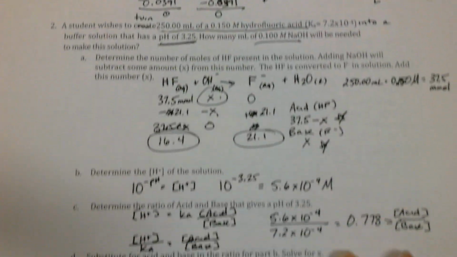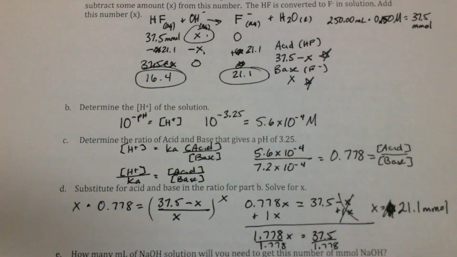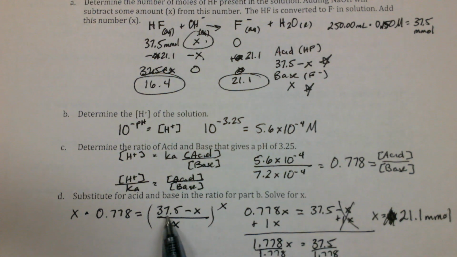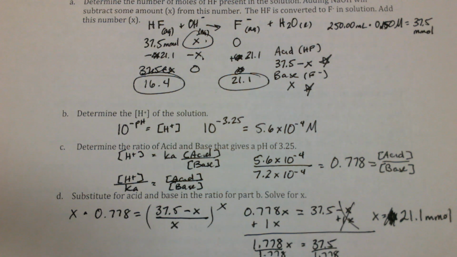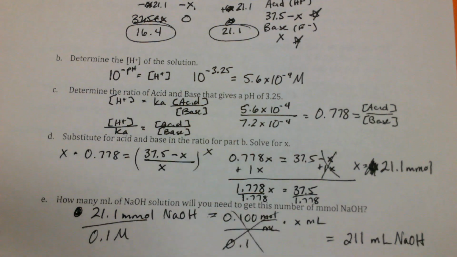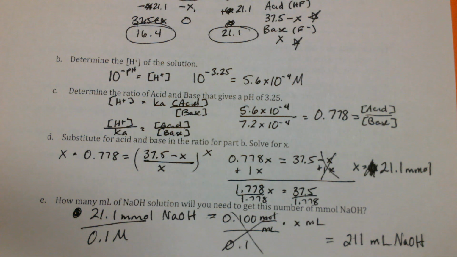If I am using the other method, then I am going to have to take that ratio, and remember that I am taking out some of my existing species and converting it into the conjugate. So I'm going to have to solve for x. And then it's just a matter of, what do I have?